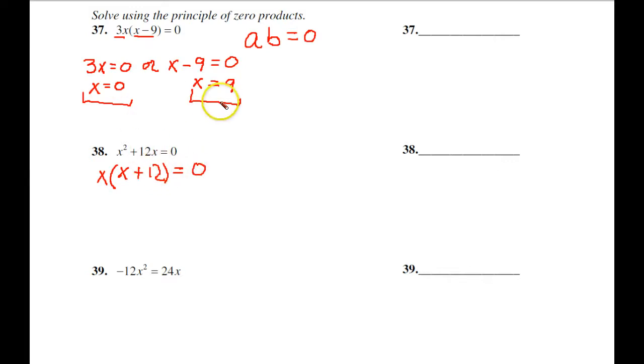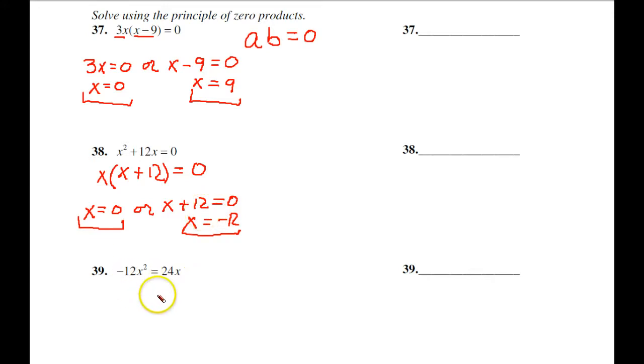Well, we then use that same technique, x equals 0, or, and in your notes I'd like to see this pattern, x plus 12 equals 0. So there's one answer already, x equals 0, and here x equals a negative 12. We just transpose that. And actually, these are our answers. And again, we're using the principle of zero product.